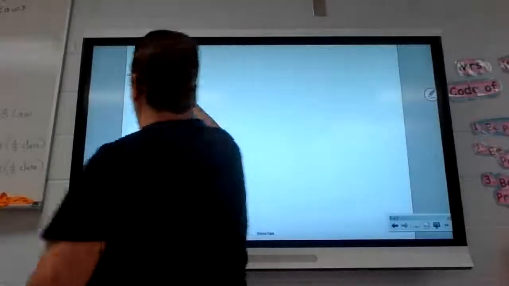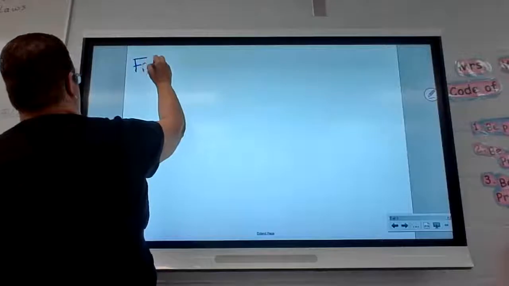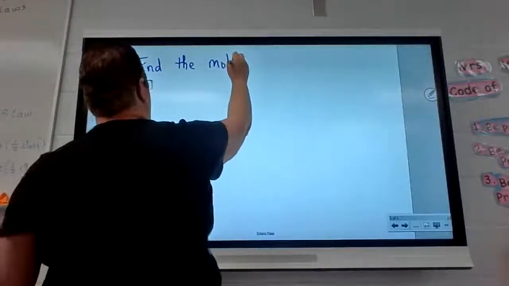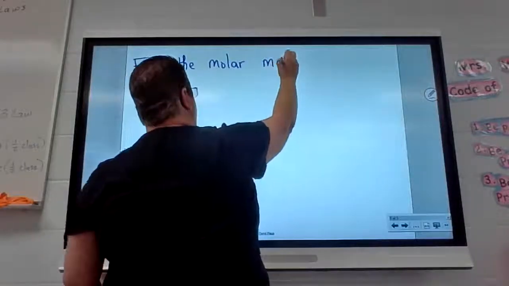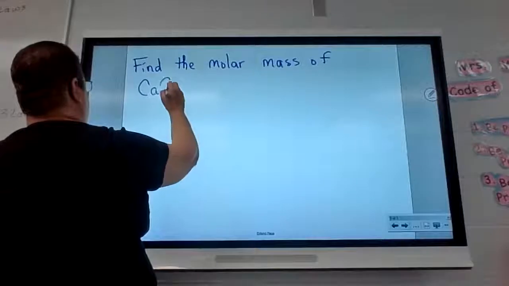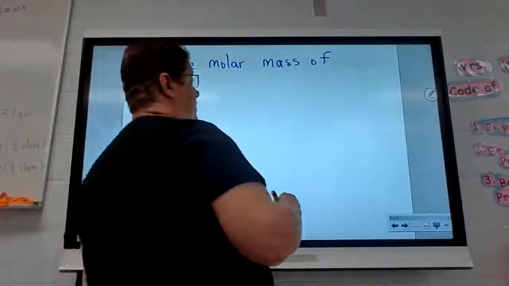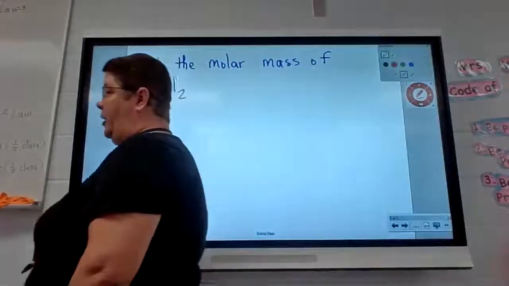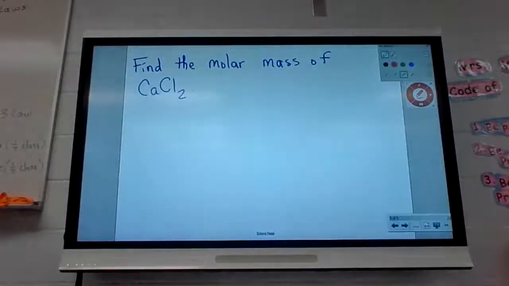Yes? All right, so let's start easy. Let's say we want to find the molar mass of CaCl2. Something nice and easy. What would I need to do in order to find the mass of CaCl2?